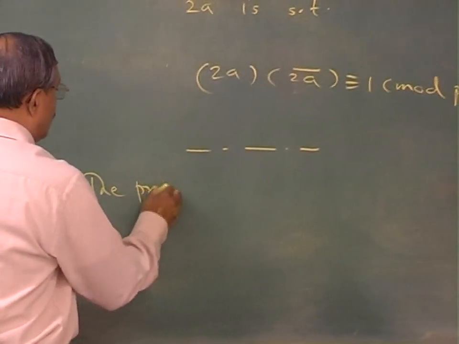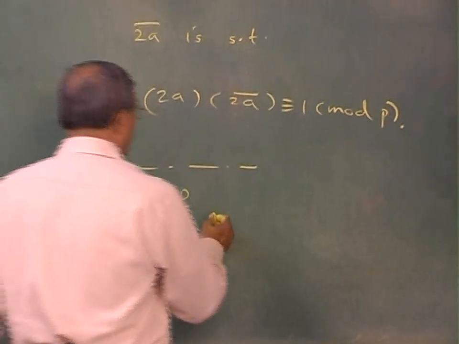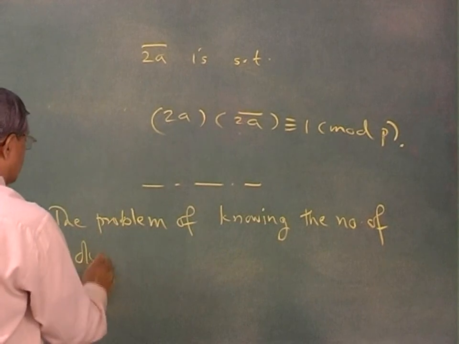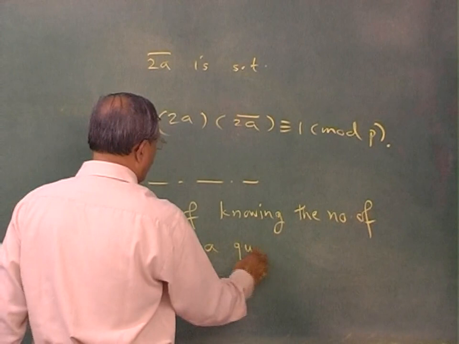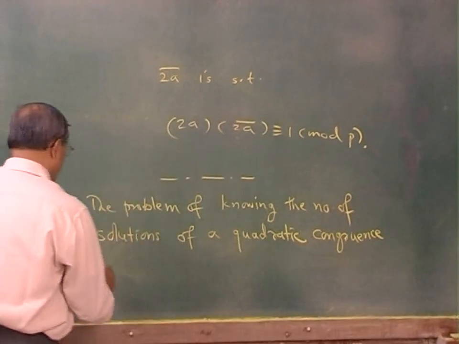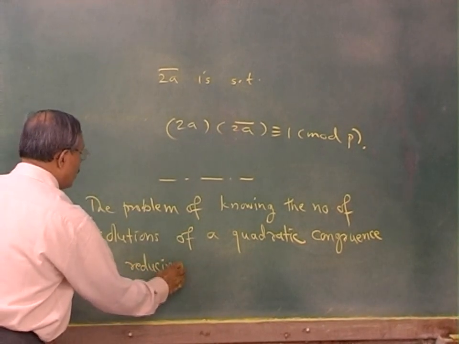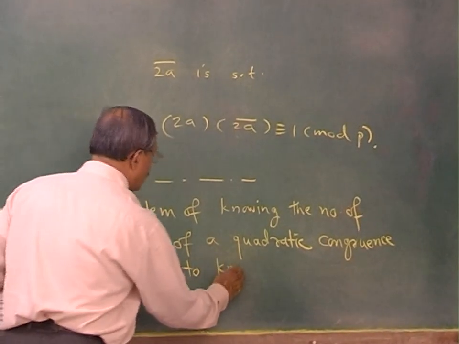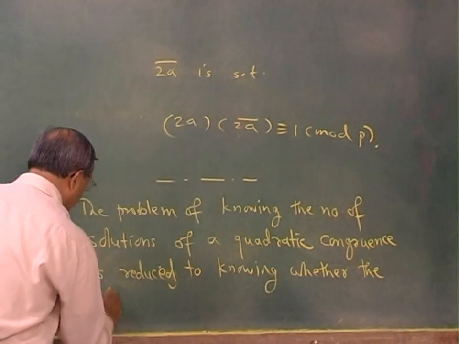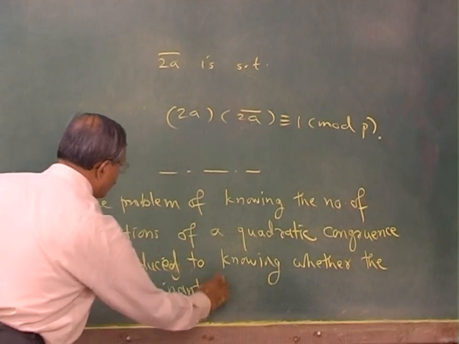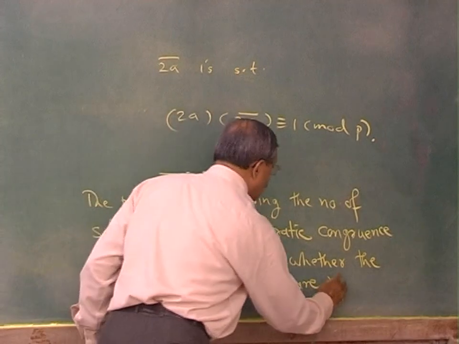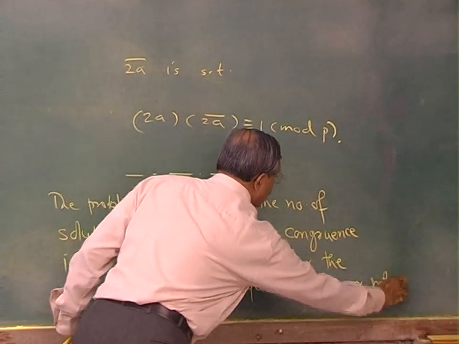So the problem of knowing the number of solutions of a quadratic congruence is reduced to knowing or finding whether the discriminant of the quadratic congruence is a square mod p or not.